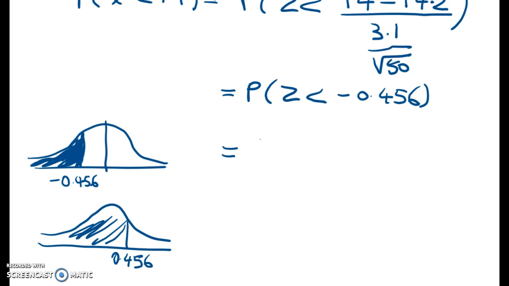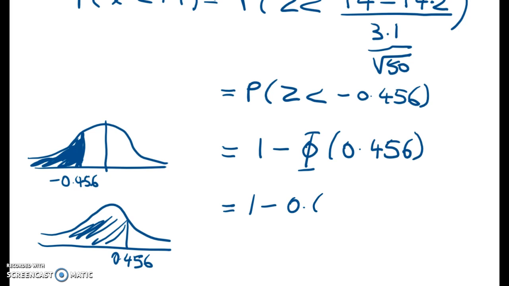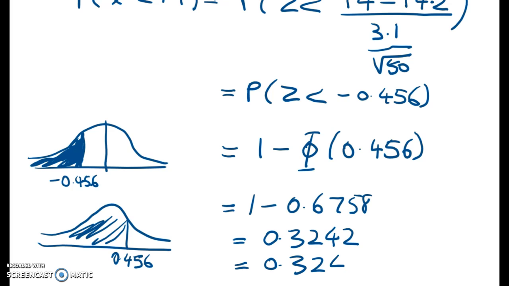So what we want to find is 1 minus the CDF value of the positive number. All right, so that works out to be 1 minus 0.6758. And for four sig figs, we get that, but we have to round to 3 significant figures. So there we go. That's the first part done.